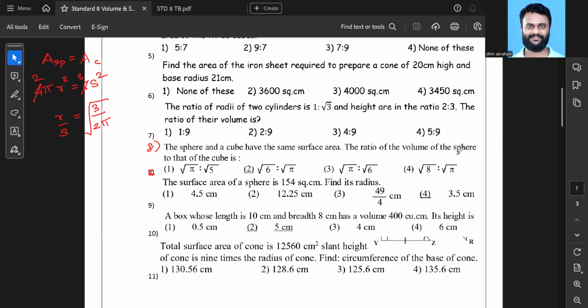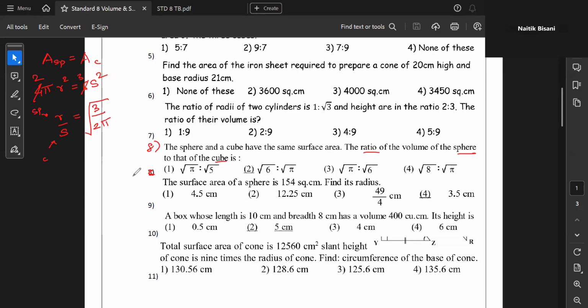Now, since they are asking the ratio of volume of sphere upon cube, whatever is there from spheres I've put on the numerator, and whatever is there from cubes I've put in the denominator. I've basically isolated them and taken everything to the other side, so that gave me r upon s is equal to under root of 3 by 2 pi. This much I have done so far.